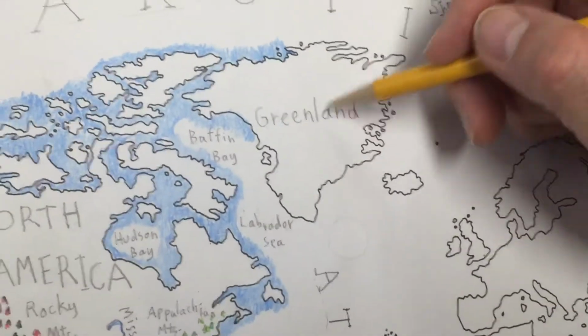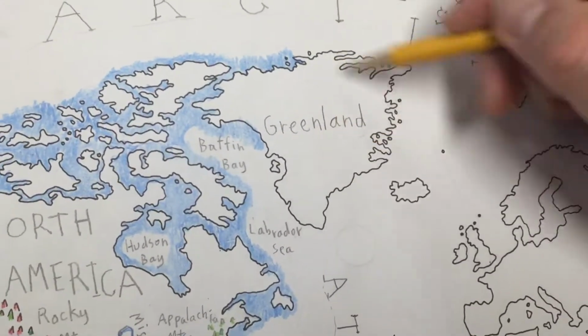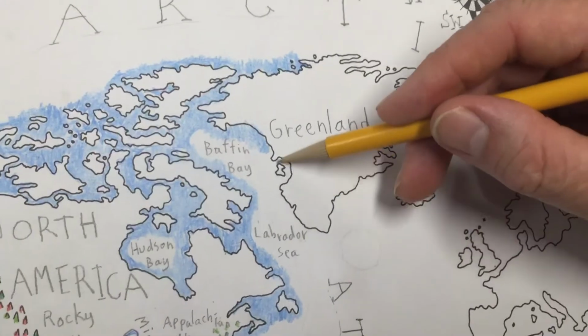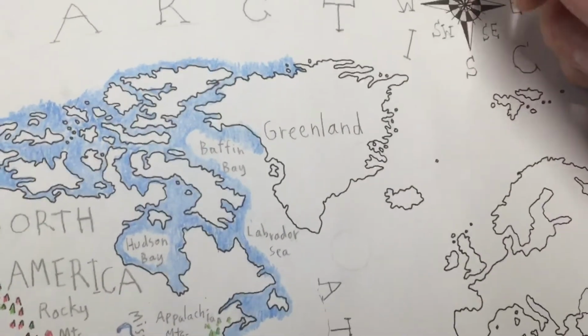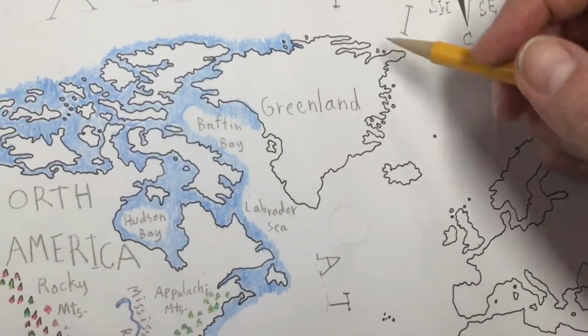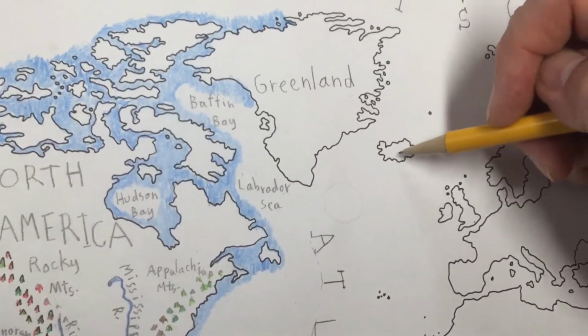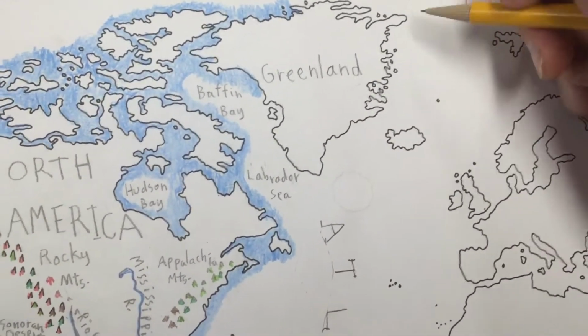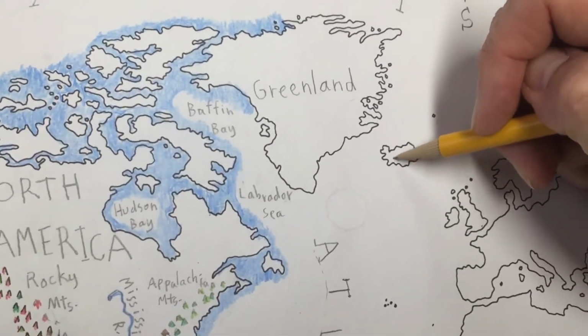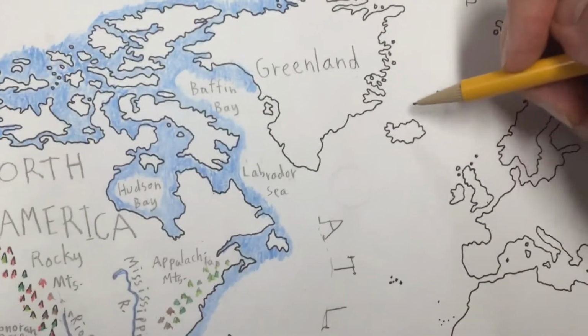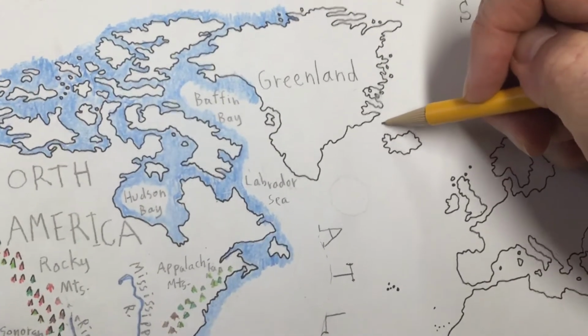So that's a big island that we can continue to add a little bit of blue around as well. Here we have Iceland. Now, I don't think I can fit it on the island. I have to really write it pretty small. So maybe I'll write it just above.